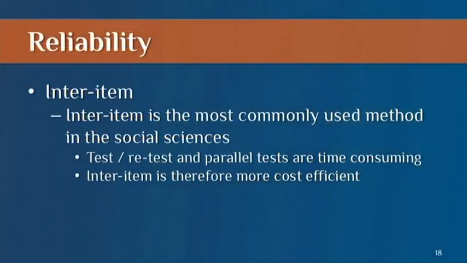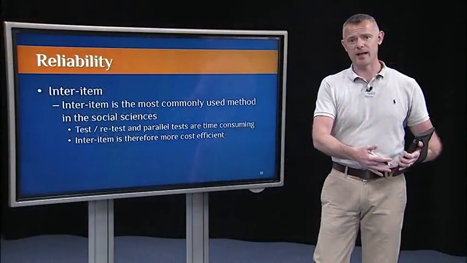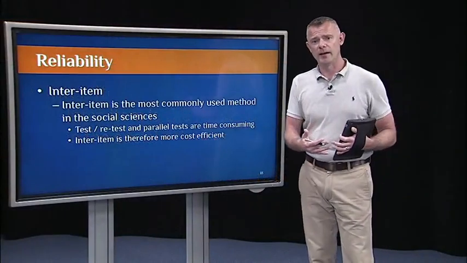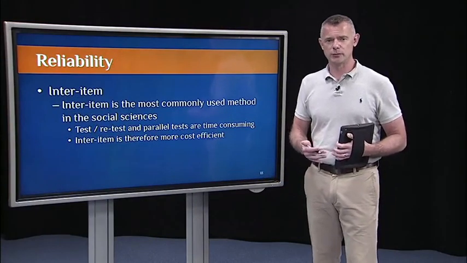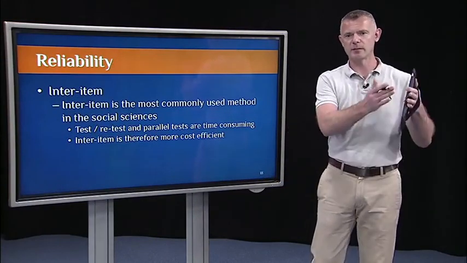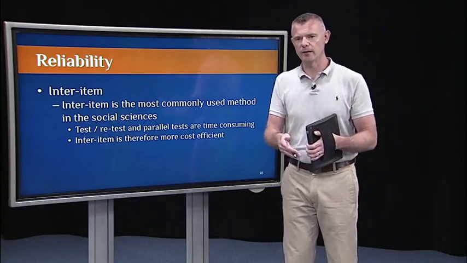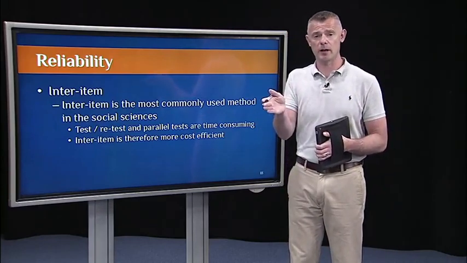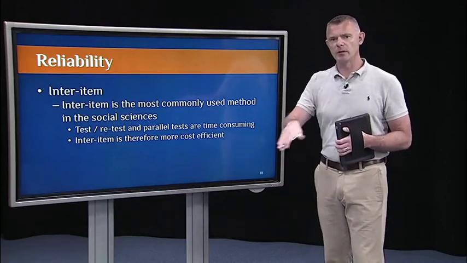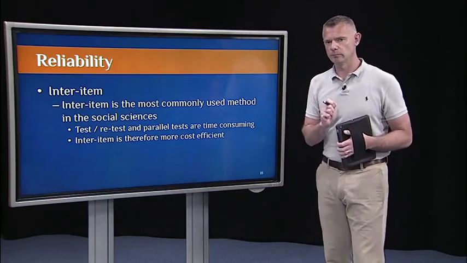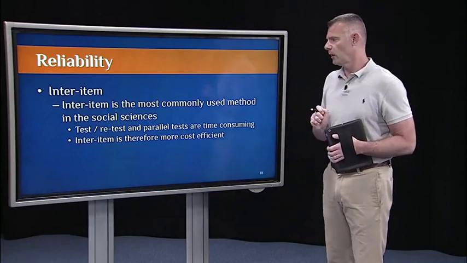When we conduct research in the social sciences, we're often doing research on human subjects, and that takes a lot of people's time and often money. So it's hard to get them to, say, take one assessment and then come back a couple weeks later and just do it again so that we can get a reliability estimate. Instead, we try to build a reliability estimate into one measurement, at one time point.